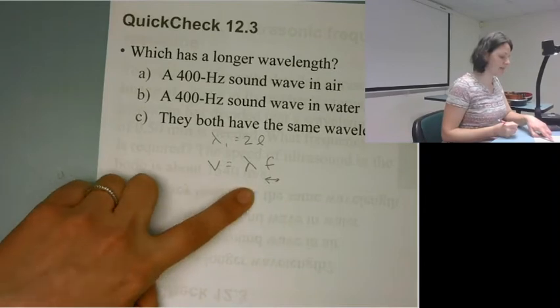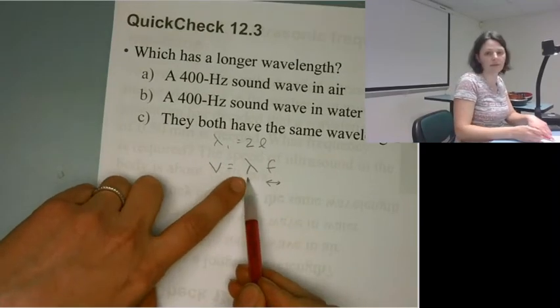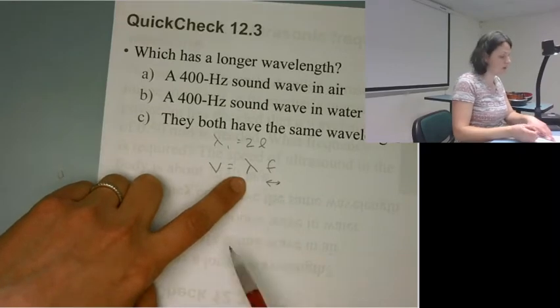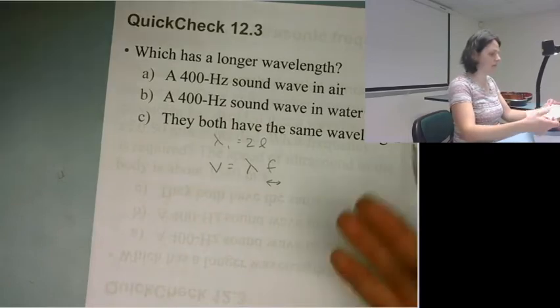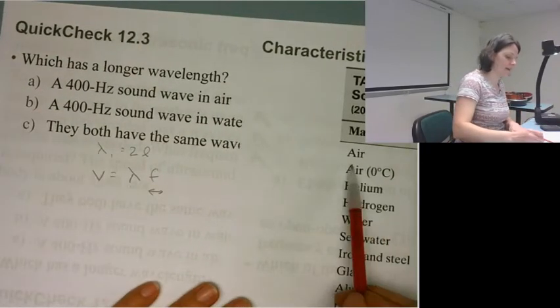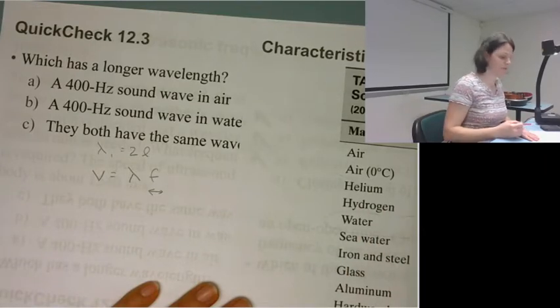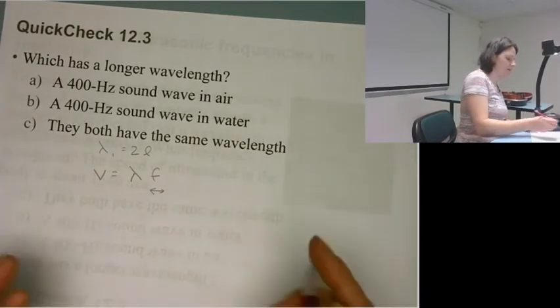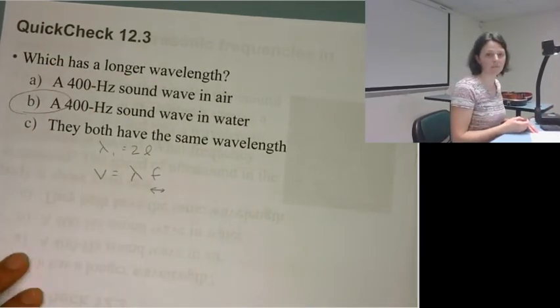That must mean that the bigger v is, the longer the wavelength. So we need to figure out where the bigger v is. Air is 330, 340. Water is much bigger. So the sound wave in water is much faster than the sound wave in air.